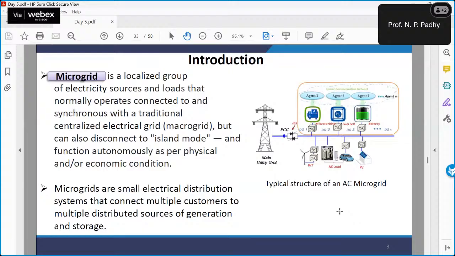From the diagram, you can see that we have fuel cells, batteries, isn't it? Battery sources in AC grid. And then you have different loads, like energy coming from PV as well as wind turbine connected to the AC grid. And then you have consumers like electric vehicles and other types of load.